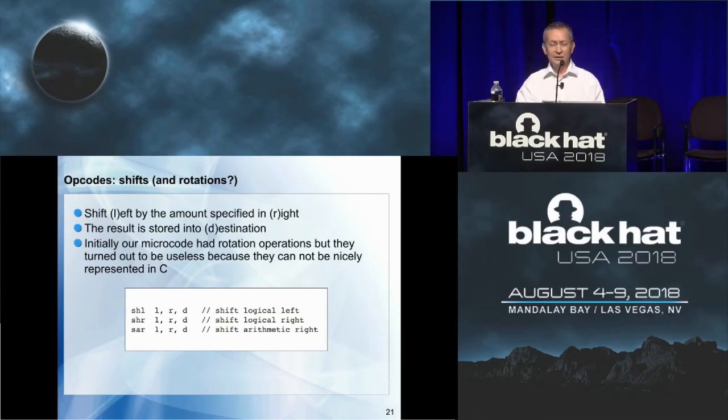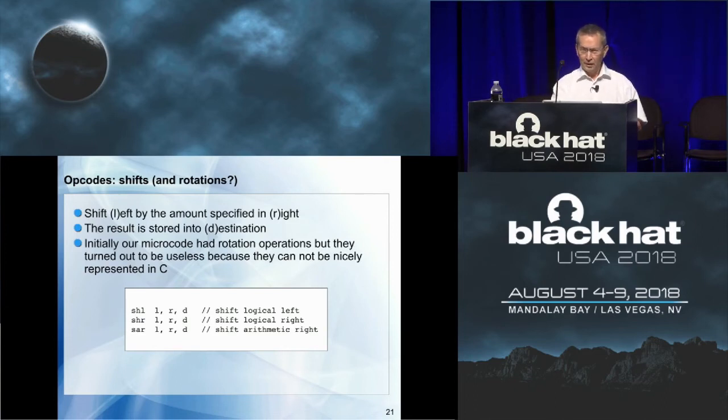We cannot represent them nicely in the C language, and since our target is C, it was not really interesting to have them. Nevertheless, the microcode can represent rotations using so-called helper functions. I will show you later.